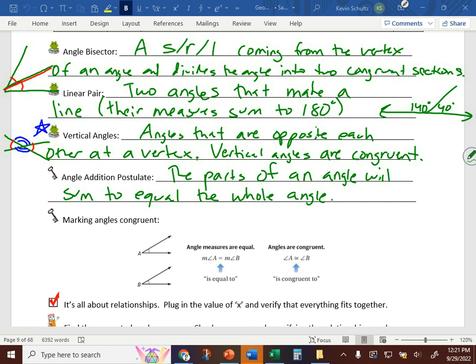Okay, the parts of an angle will sum to equal the whole angle. Similar to what we talked about here. We knew this was 40 because the angle addition postulate says if we know parts of the angle, we know the whole angle has to be 180. The other part, the angle we didn't know initially or weren't given, has to be 40 degrees.